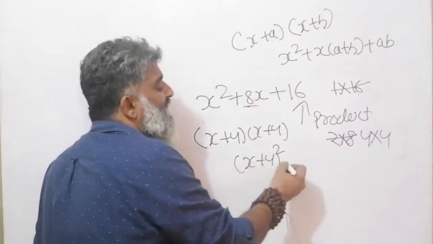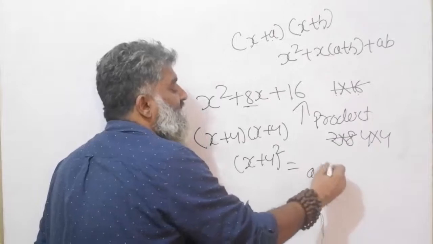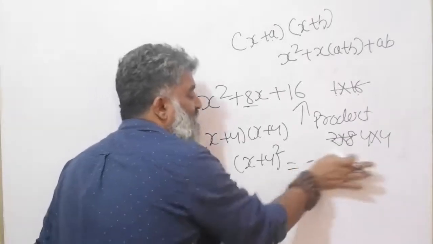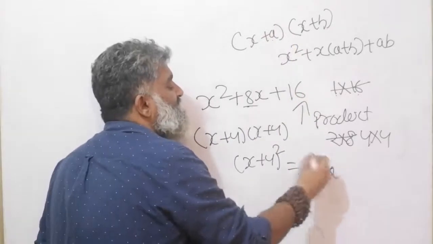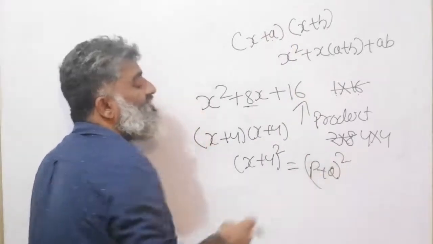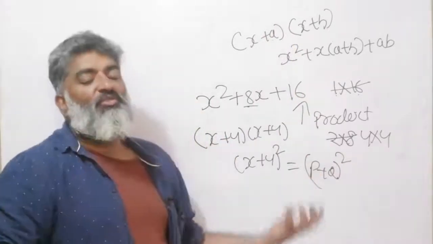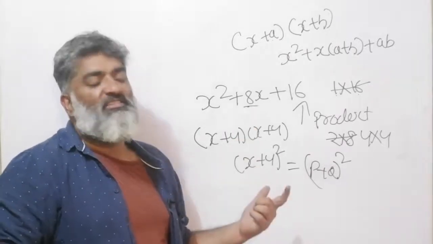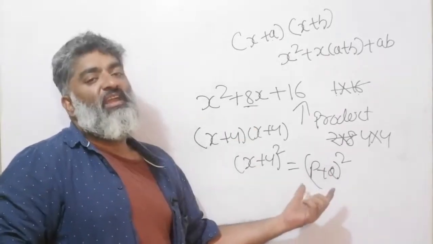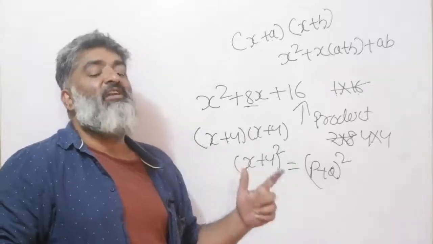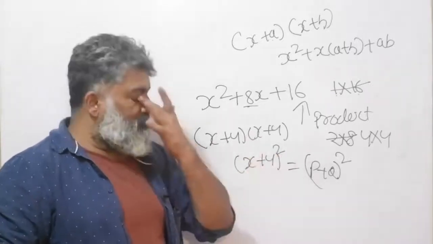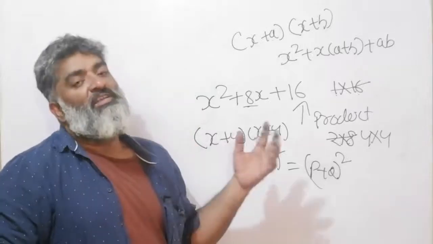You can again expand it using your other identity. Let me not use a and b because they appear here. Let's say p plus q whole square, your standard, the most zero-level identity number 1 as I call it, the whole square. p plus q whole square means p square plus q square plus 2pq, right?